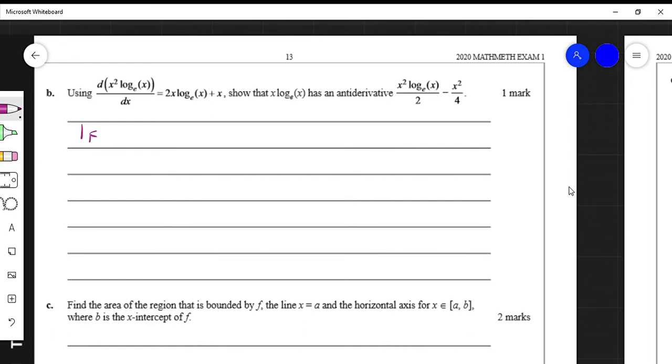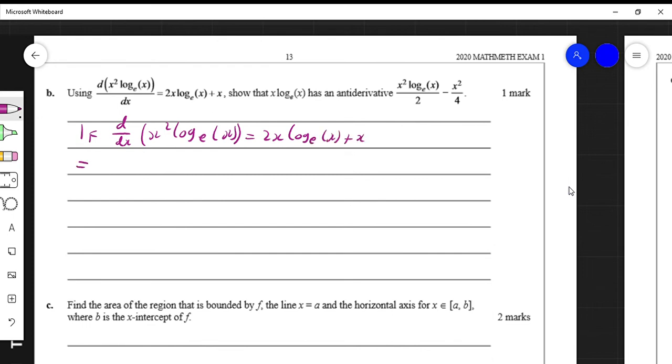So I'm going to first start with if this is something that we know, d dx of x squared natural log of x equals 2x natural log of x plus x.